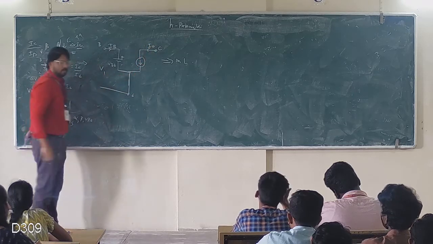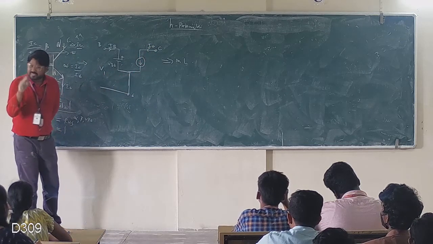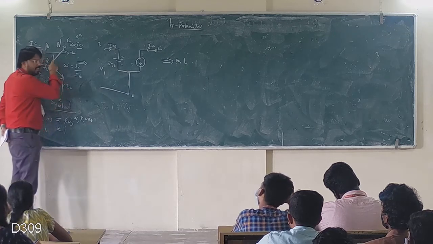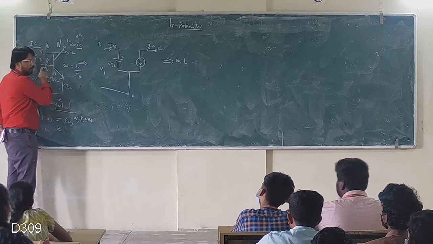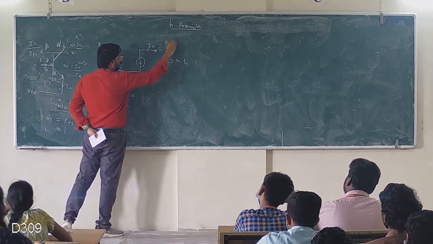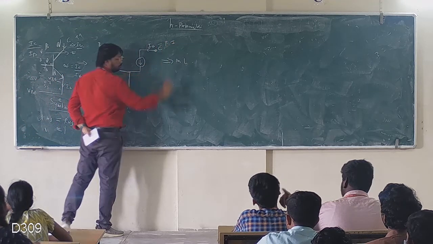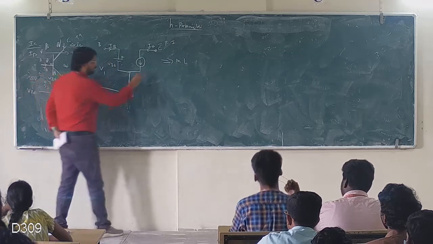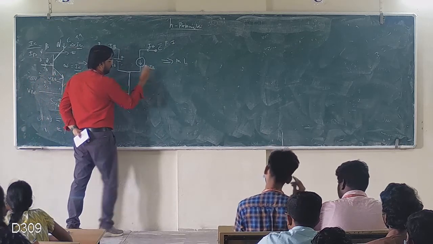It's called IC. What is current gain? What is amplification factor? Beta. What is beta? IC by IB. Then what is IC? IC is equal to beta times IB. Very good.